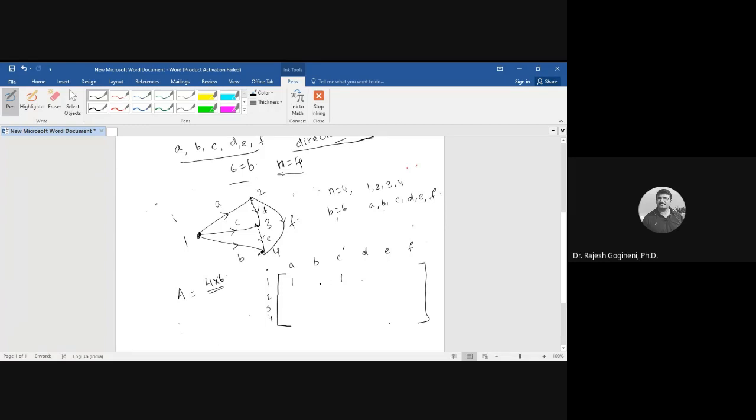A, B, C. All are leaving, right? So the first row entries are A, B, C, all +1 only, right? Three branches are incident on the first node.